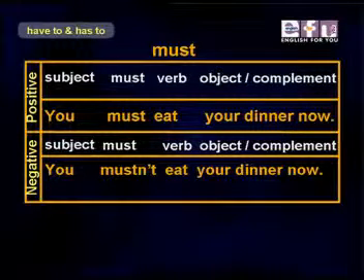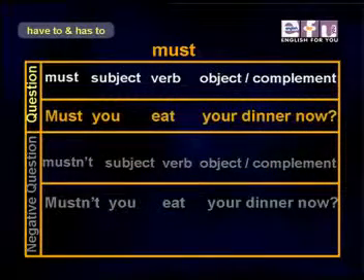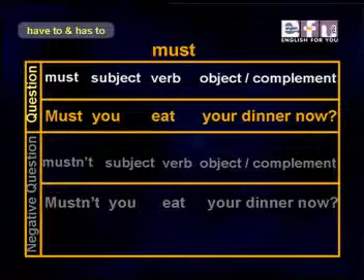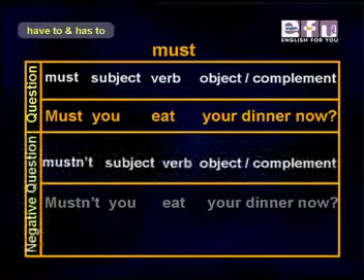So we start with the subject, then add must not or mustn't, then the verb, and then the object or complement. The question form is, must you eat your dinner now?